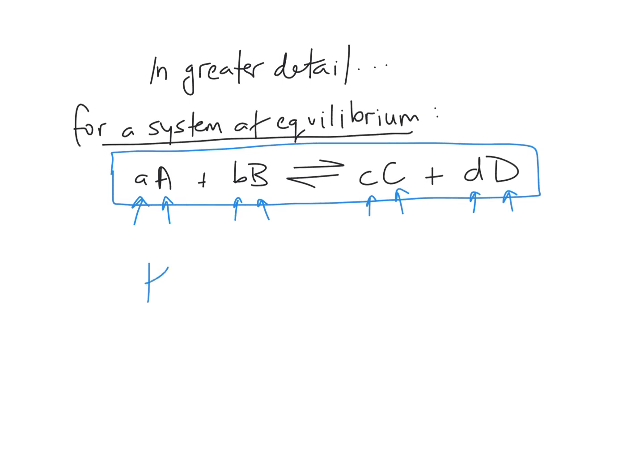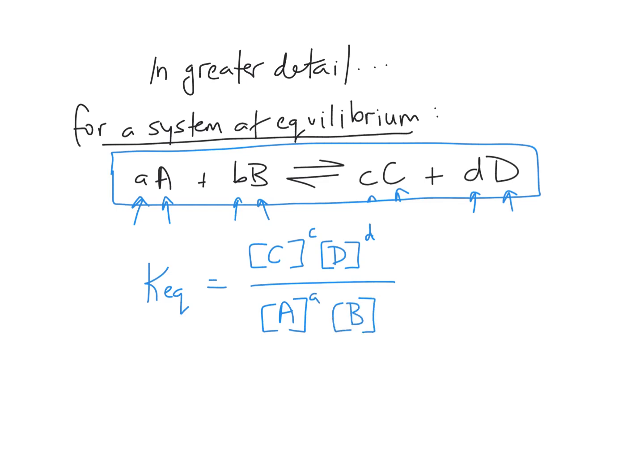So if we wanted to make the equilibrium expression for this, it would be the concentration of the products, C and D, each to the exponent of its stoichiometric coefficient from the balanced chemical equation, little c and little d, divided by the concentration of the reagents, A to the a and B to the b.